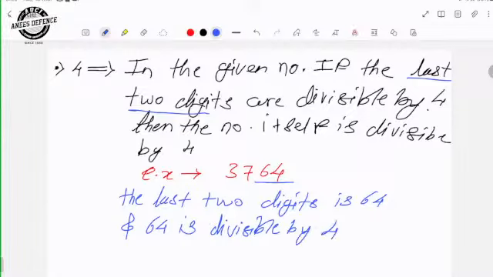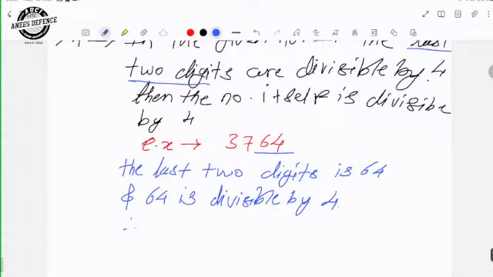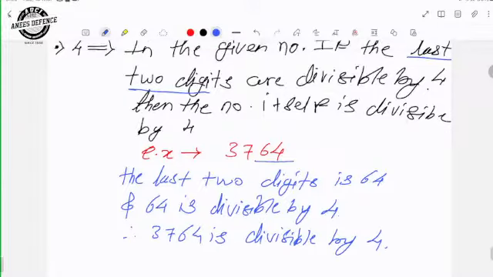Therefore, the given number 3764 is also divisible by 4. You got my point?